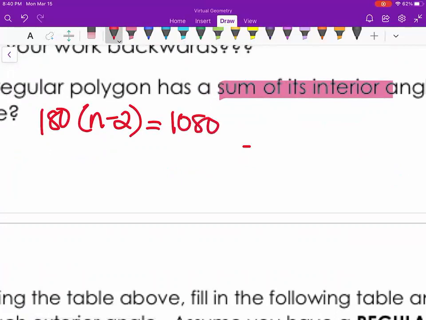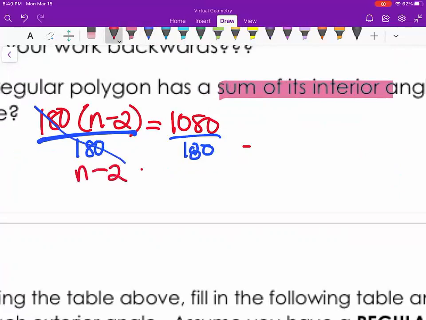So let's work backwards and solve this. First things first, let's take care of the 180 that is in front of those parentheses. Instead of multiplying by 180, I'm going to divide it out. So I'm left with n minus 2 on the left, and 1080 divided by 180 is 6.